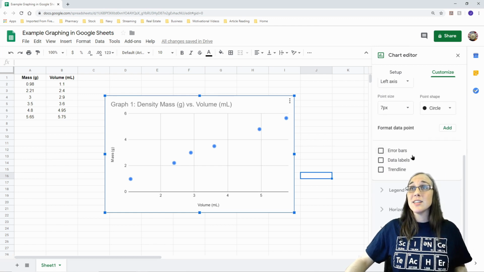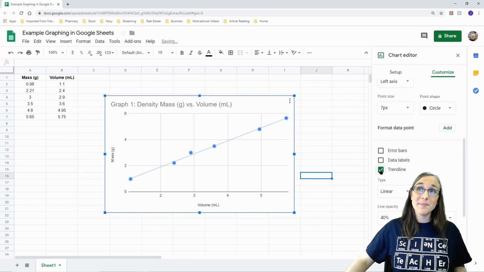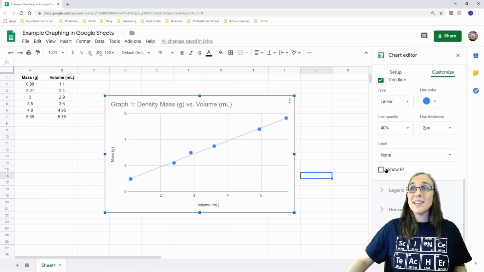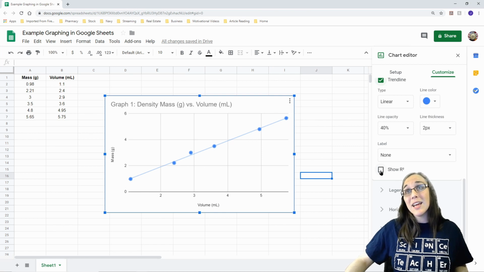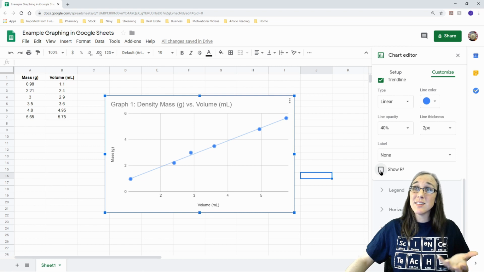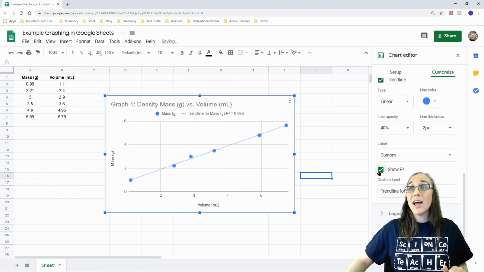Scroll down until you get to these three little checkboxes. You want to click on Trend Line. Now that you have a trend line inserted into your graph, you also want to show your R-squared value. Your R-squared value is going to tell you how close your data truly is. Is it reliable data? So click on Show R-squared value.